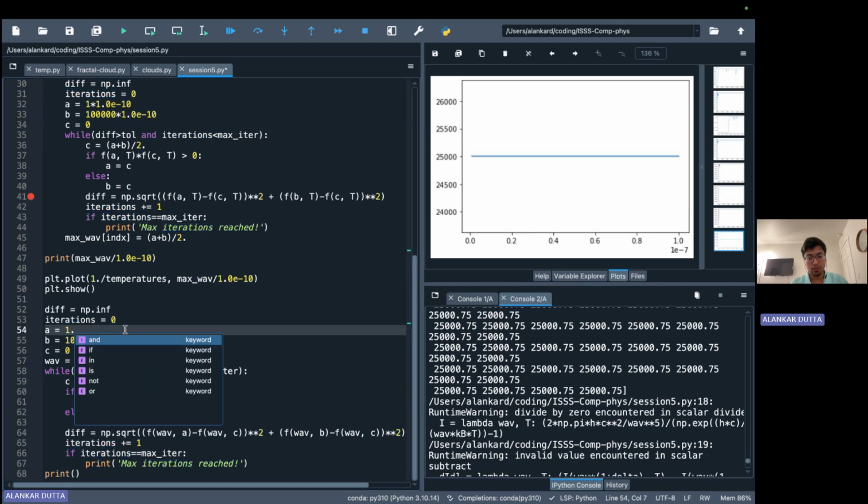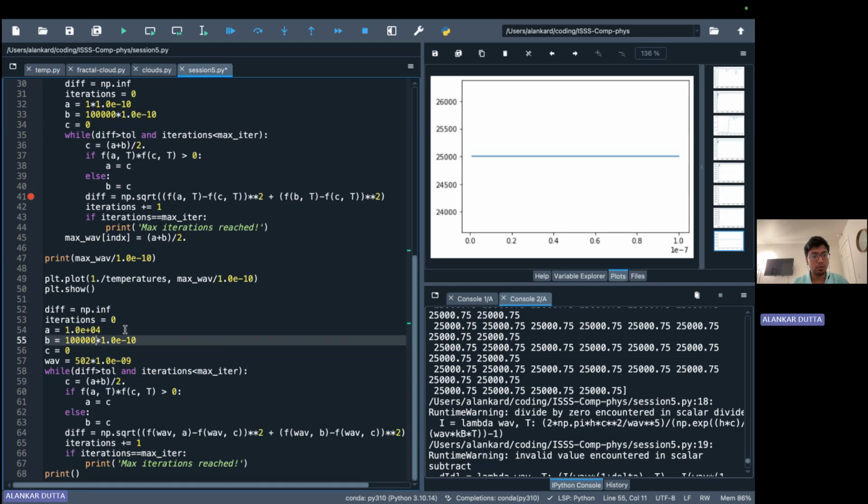So we start from 1.0 E plus 4, 10 to the 4 to 10 to the power 6, E plus 8, somewhere in between we know that the temperature should be.